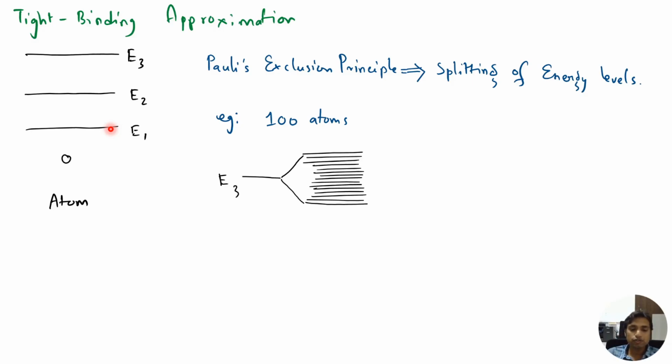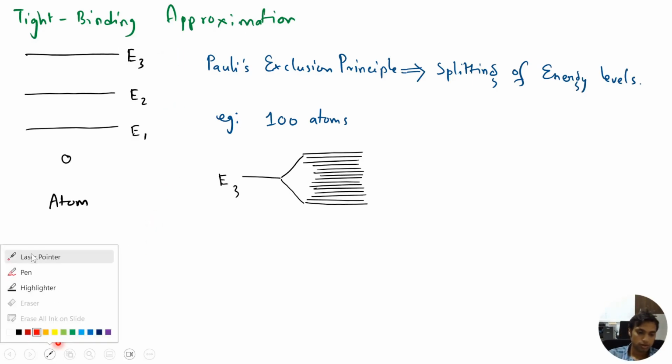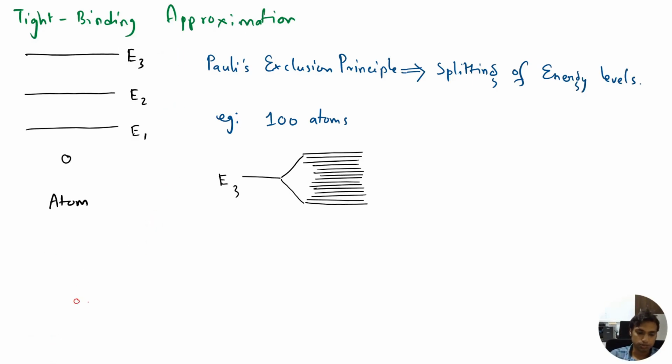If you bring in two atoms, then this energy level, E3, will split into two closely spaced energy levels, for example like this. If you bring two atoms close to each other, then you have E1, E2, E3.